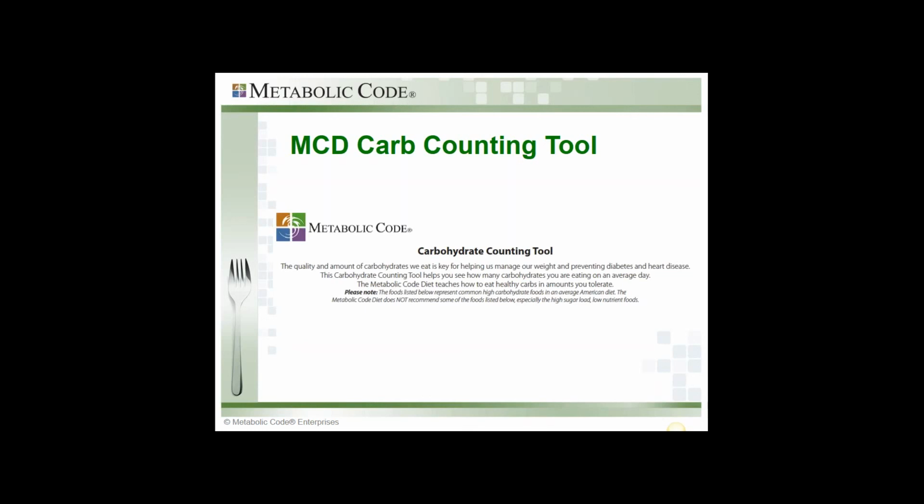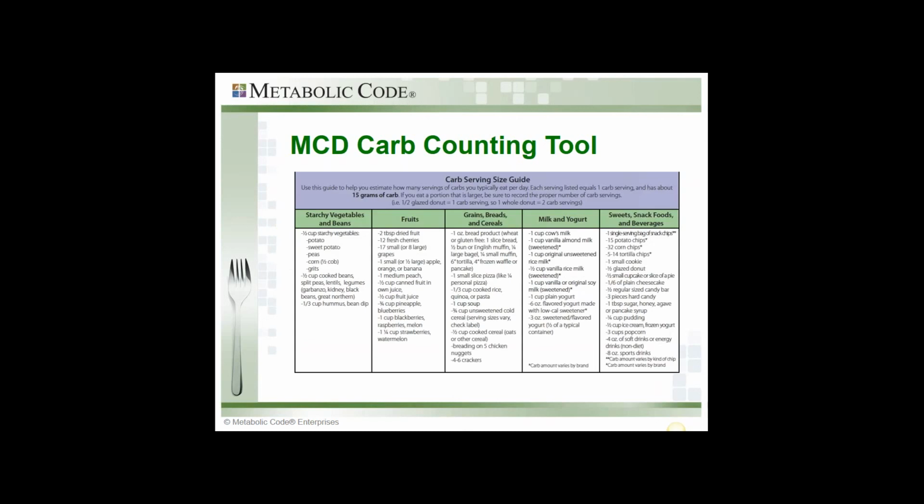The next slide shows some of the list of foods that we put together. Now, this is not a comprehensive list, but we tried to get most of the really common foods that people eat so that they could see. We did it by categories like starchy vegetables and beans. So about a 1/2 cup of potato, sweet potato, peas, corn, grits, things like that.